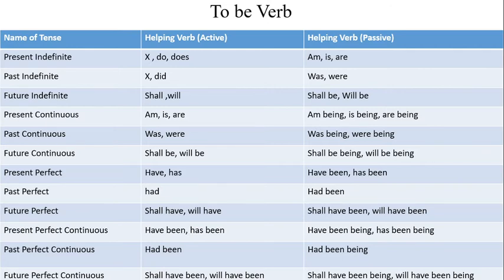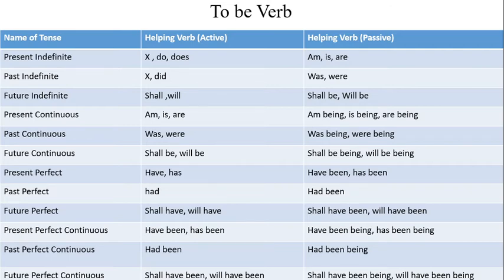Now look at the perfect tense. In present perfect tense, have/has plus been plus past participle form of verb is used in the passive voice.